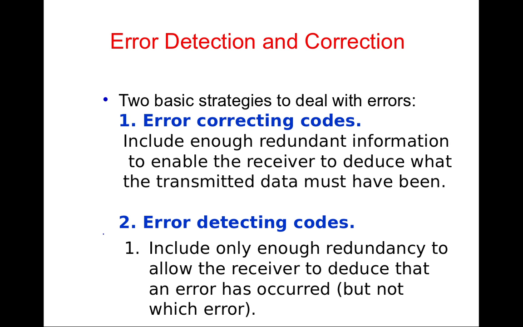To summarize, both types of codes will have some redundancy, but the redundancy in error correcting codes will be sufficient to let the receiver know that an error has occurred and where it has occurred, whereas in the case of detecting codes, it will be sufficient only to let the receiver know that the error has occurred, but the receiver will not be able to find out where that error has occurred.